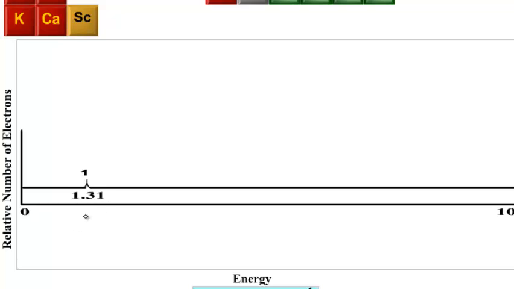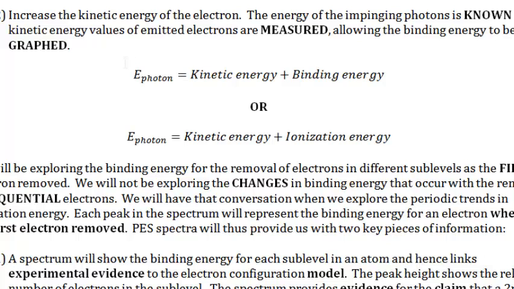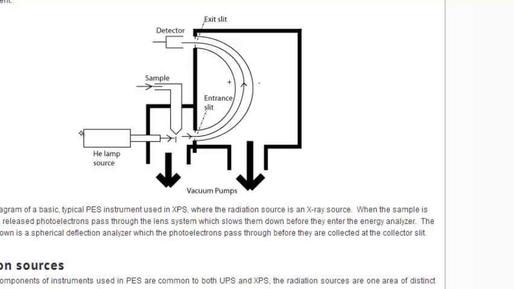Now, remember the equation that they gave us in that handout I gave you in class? E photon, the energy of the photon, equals kinetic energy plus binding energy, or ionization energy. Remember, binding energy and ionization energy we're going to use synonymously. So in my experiment, the energy of the photons emitted by this source is known.